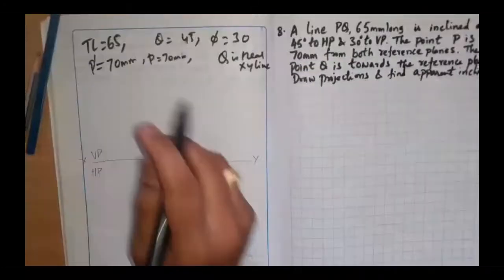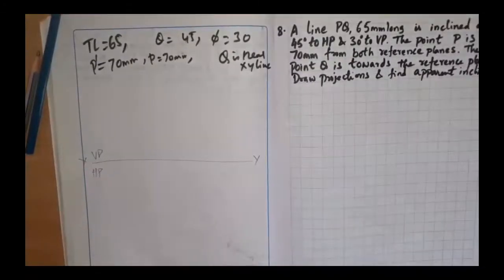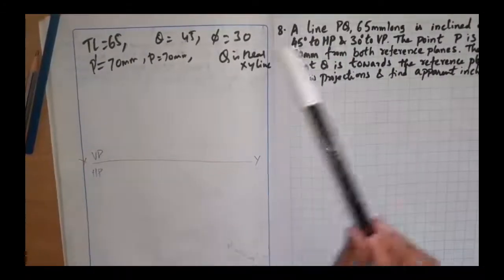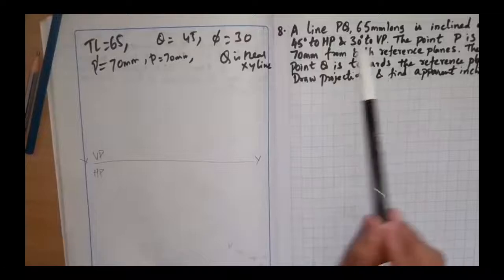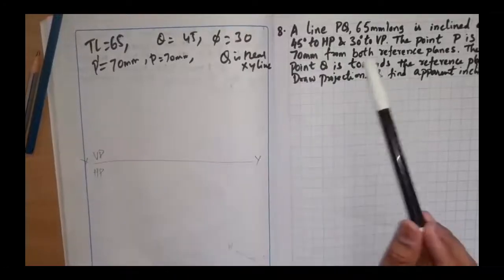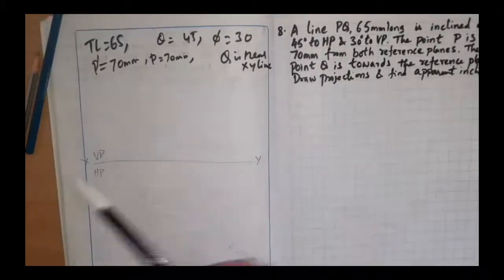This is the summary of the problem, isn't it? Very simple summary. All the given numbers 65, 45, 30, I have to use, and 70 mm from both the reference planes, I have to use it.